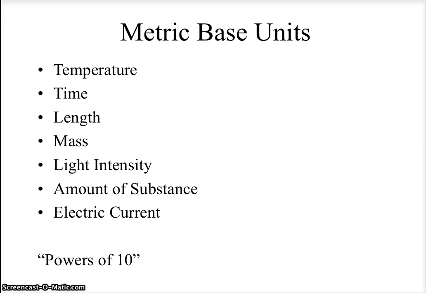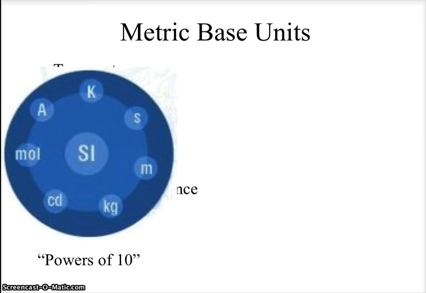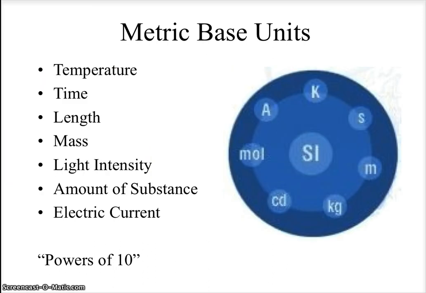Length, which is a unit of measure for how long something is. Mass is how much stuff something has. Light intensity, very little. Amount of substance is in chemistry. Electric current, which we will be doing quite a bit in the second semester. And so metric-based units are essentially based upon these units.